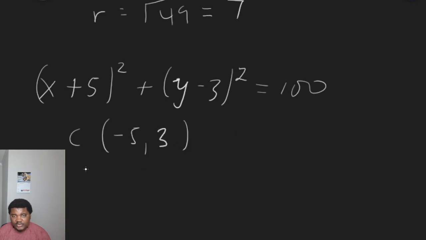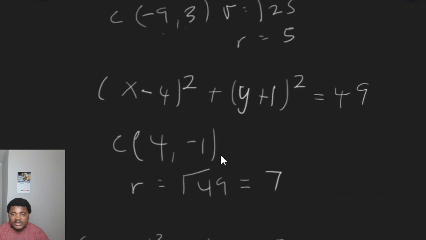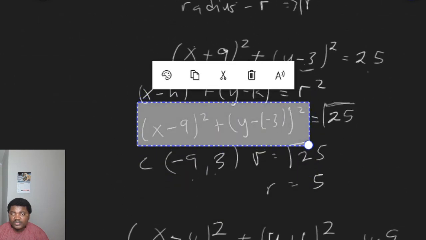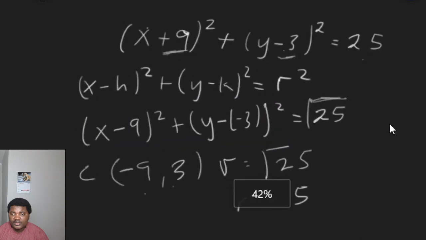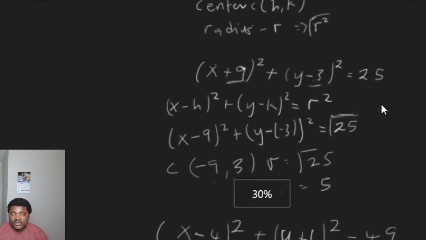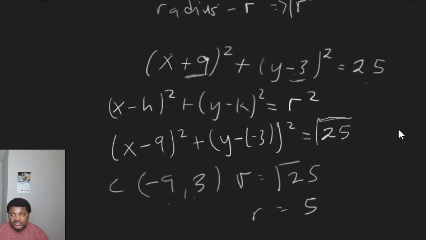And then my radius is going to give me the square root of 100, which is 10. So your center is negative 5, 3, and your radius is 10. So that is how we found the center and radius of a circle when you are given the equation.